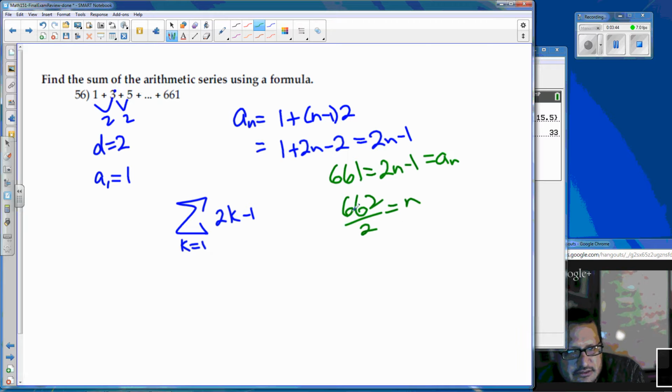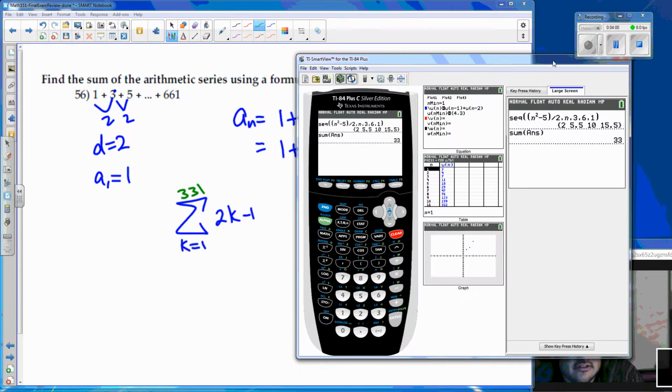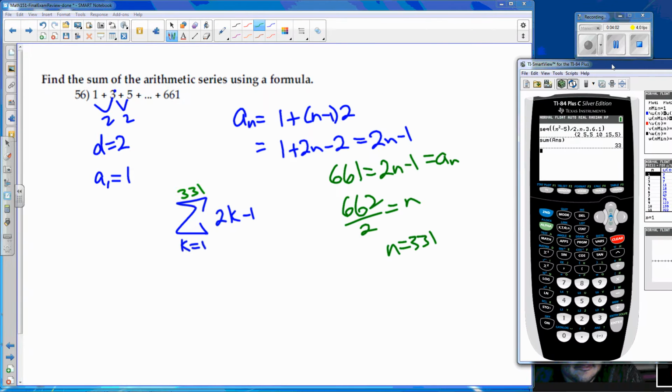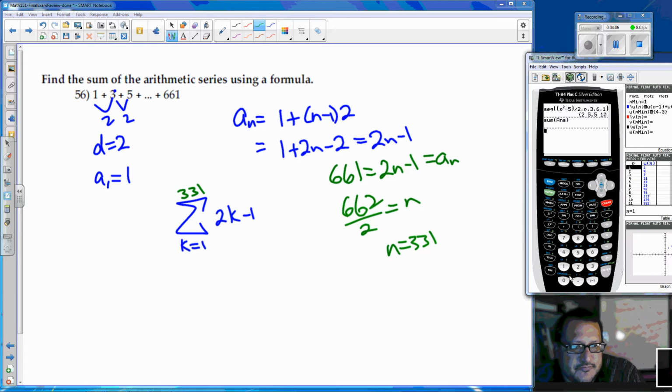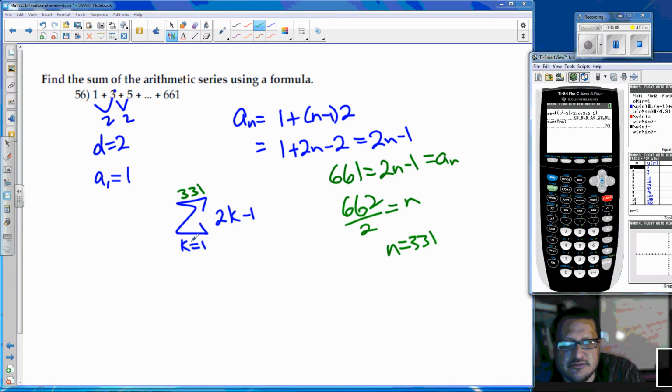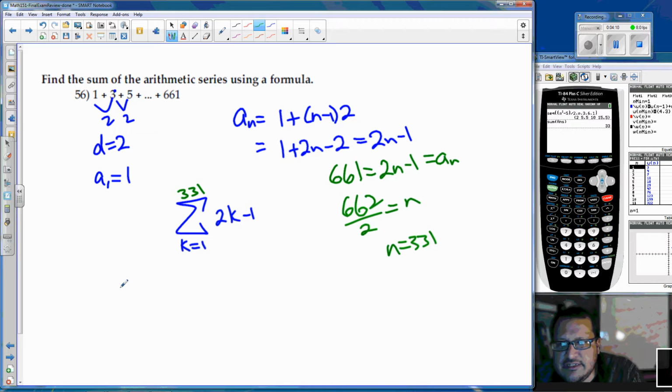This is going to be 331. You plug in 331 here. Now you can go on your calculator and add this 331 times. You can use your newfound summation notation to do this, or what we're going to do is use a formula.